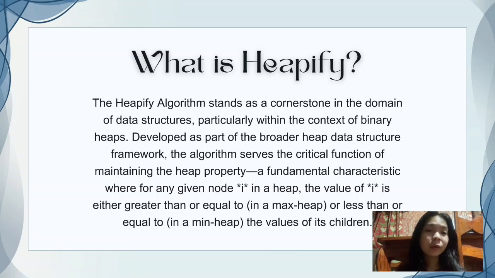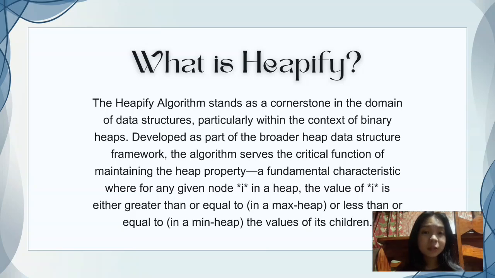Furthermore, the Heapify process works by comparing a parent node with its children. If the heap property is violated, for example, if a child is larger than the parent in a max heap, Heapify swaps them and continues this shift down or percolate down process.